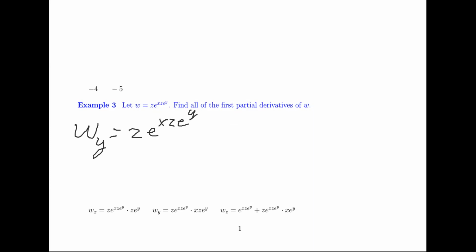And then we need to multiply this by the derivative of the exponent with respect to y. So this is really times the partial derivative with respect to y of that exponent here.